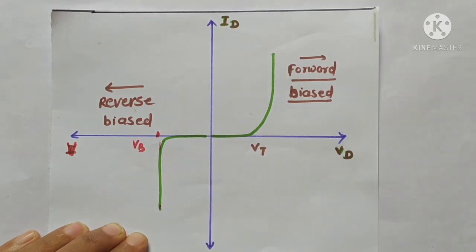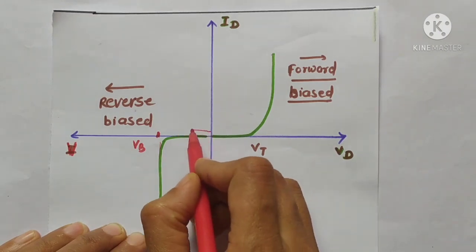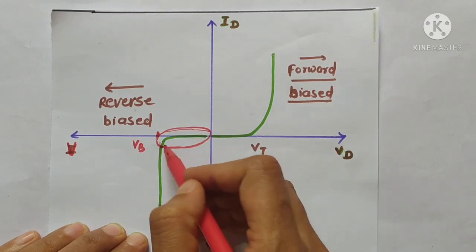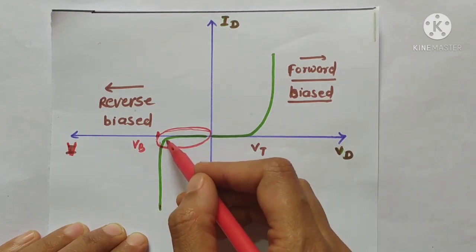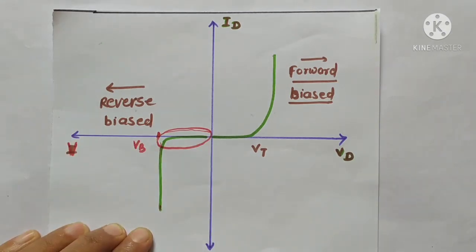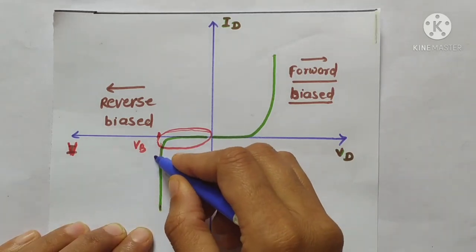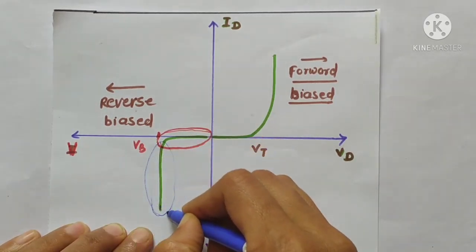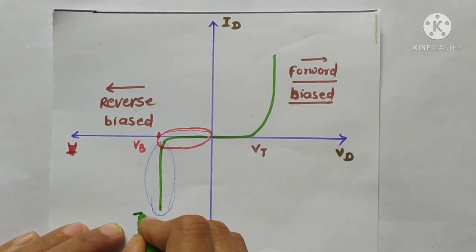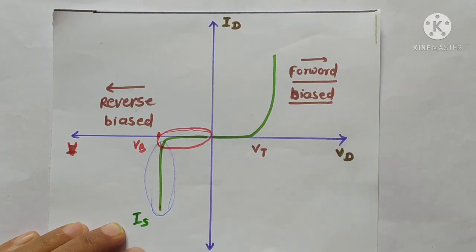You can see that with a constant increase in the voltage there is no change in the current, and here in this part you can see a sudden increase in the current. Okay students, remember this.